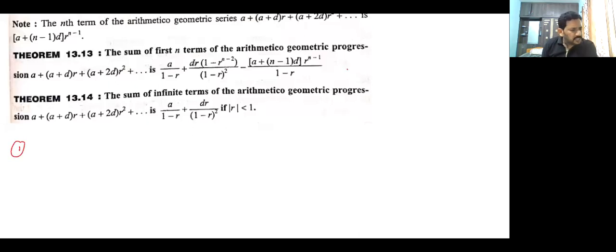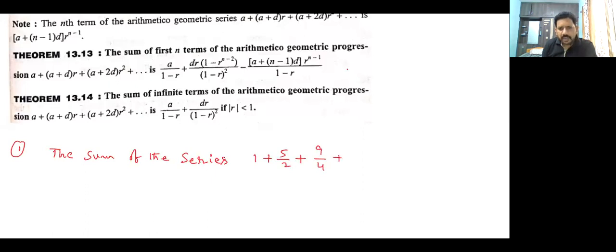The sum of the series 1 plus 5 by 2 plus 9 by 4 plus 13 by 8 and so on is, this is the question.